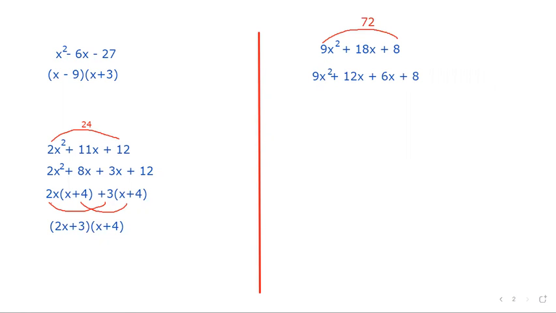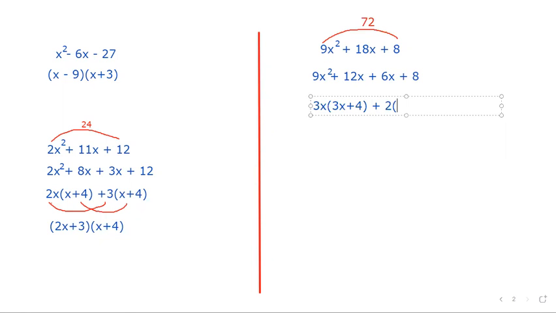And once again, we use the greatest common factor here to solve it. Now, the greatest common factor between 9x squared and 12x, that's going to be 3x, and that's going to give us 3x plus 4. And the greatest common factor of 6x plus 8, that's going to give us 2.